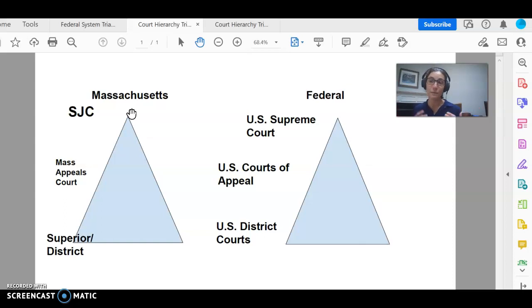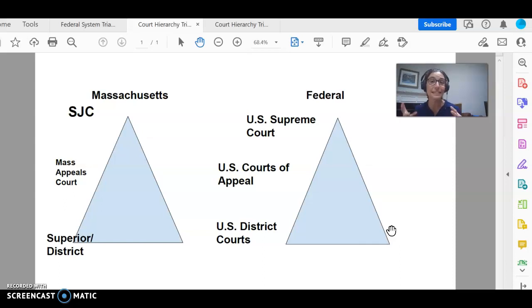So what I would like you to do on your triangles is maybe make 2 triangles or start with 1. And at the very bottom of your triangle, we're going to label those the trial court. The trial court is the lowest level court for any jurisdiction. And I use the word trial court as a really generic word.